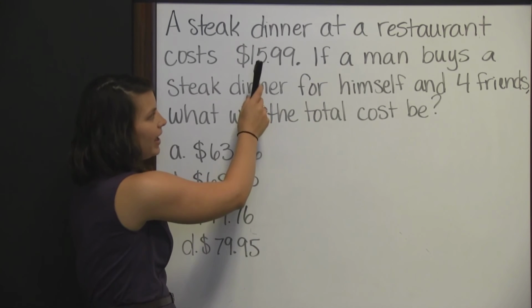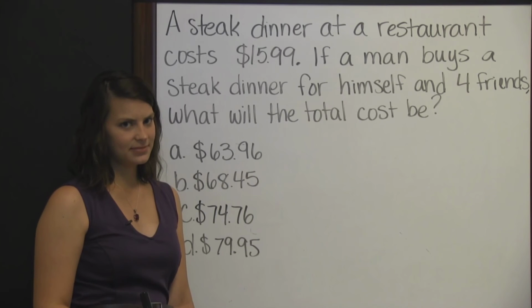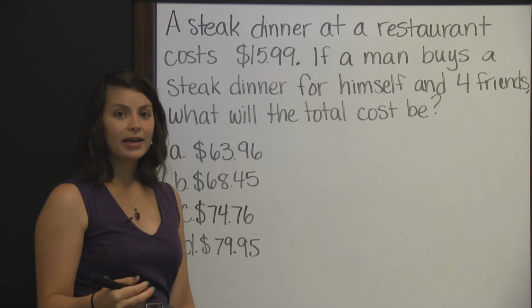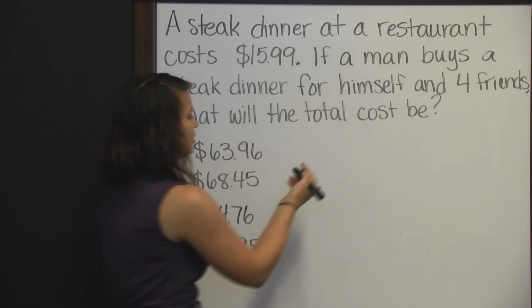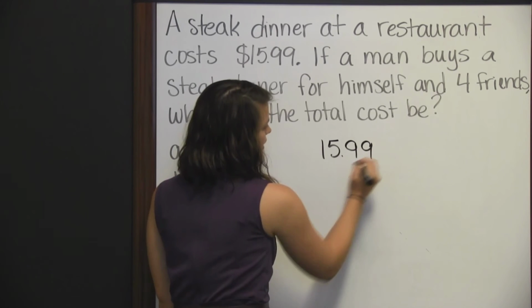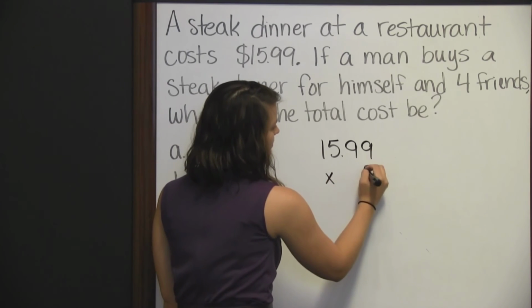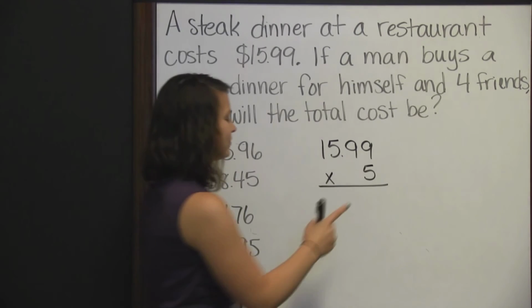So he's going to pay for this steak dinner 5 times. Times means multiplication. So to find our total cost, we're going to take how much 1 steak dinner costs and multiply it times the number of steak dinners being purchased, which is 5.